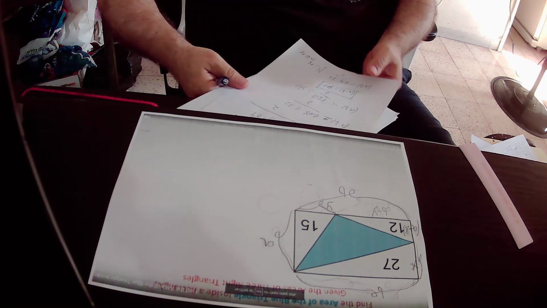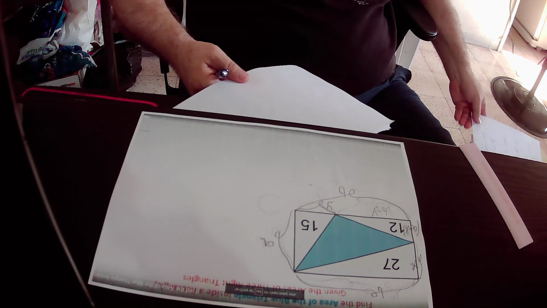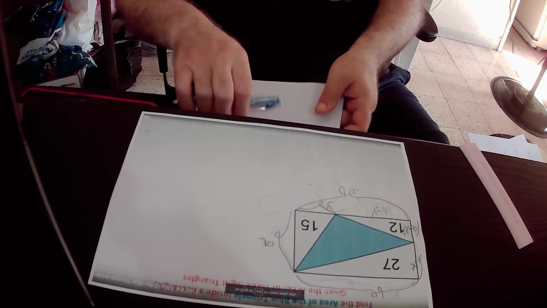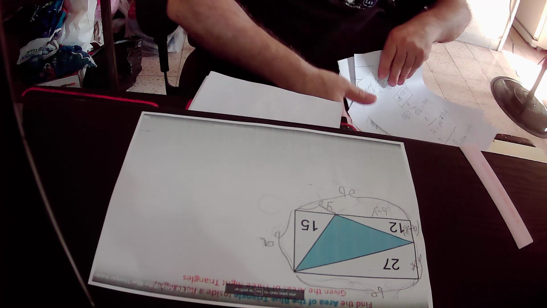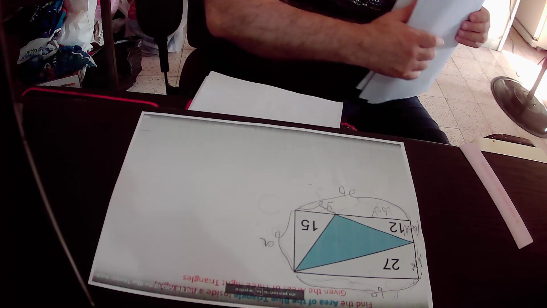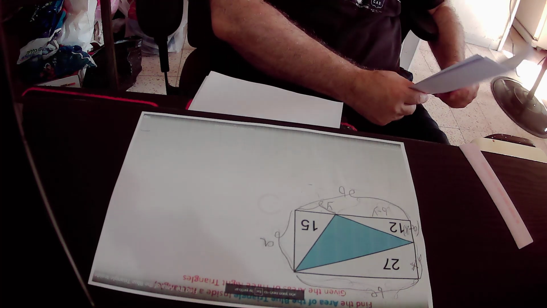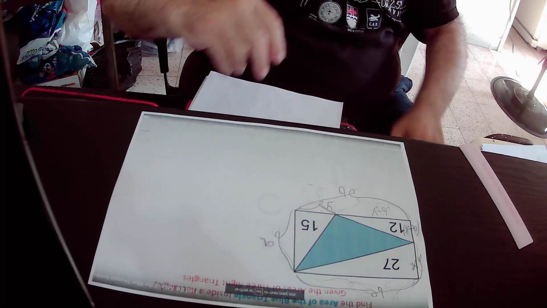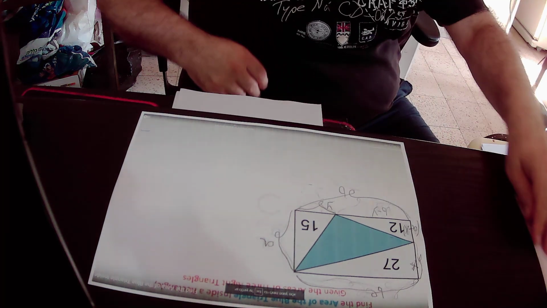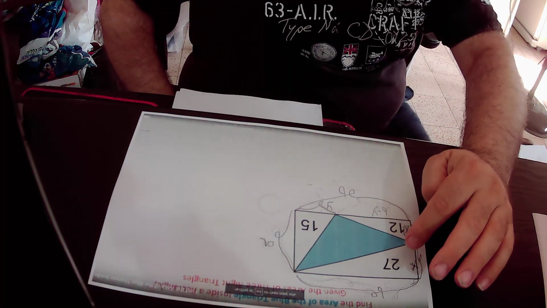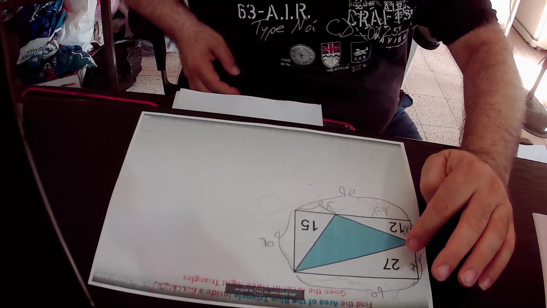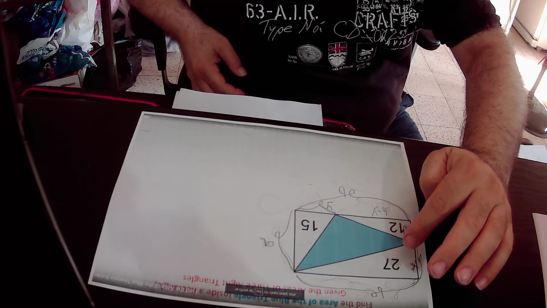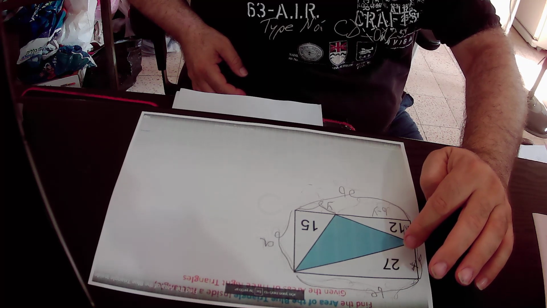But as you can see in the drawing, it is impossible that the area of the rectangle equals 18 units, because even the triangle inside the rectangle is 27 units, which is greater than 18 units.